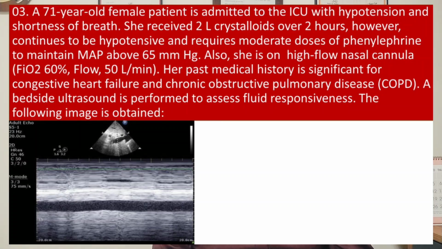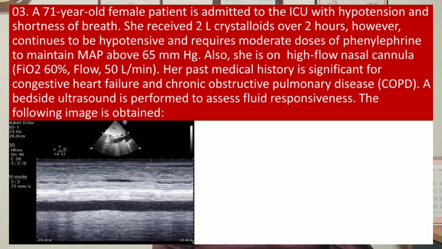Also, she is on high flow nasal oxygen therapy with an FiO2 of 60% and flow of 50 liters per minute. Her past medical history is significant for congestive heart failure and chronic obstructive pulmonary disease, COPD. A bedside ultrasound is performed to assess fluid responsiveness. The following image is obtained.